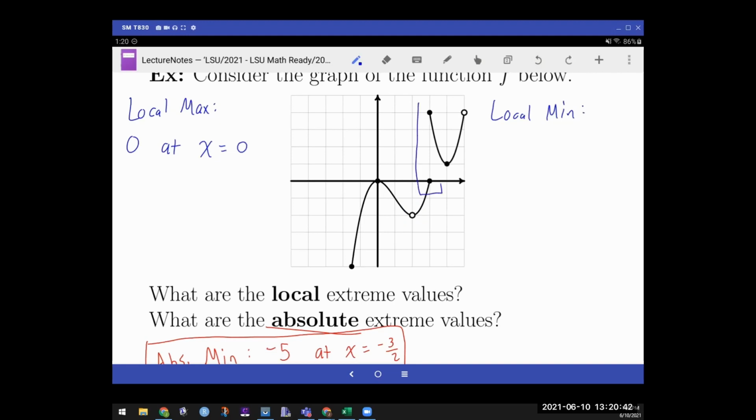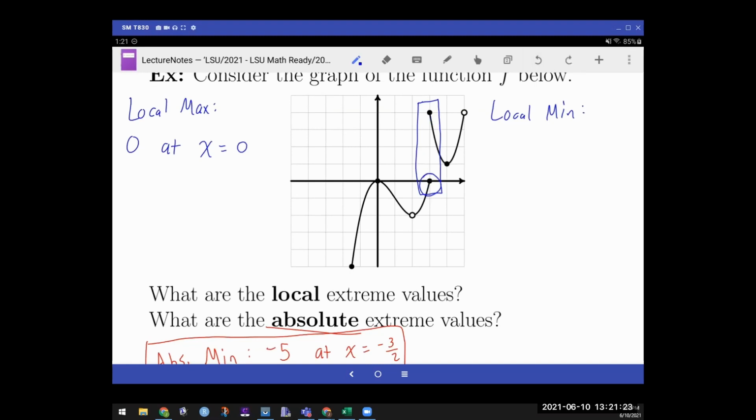This is an interesting one right here. I guess it depends on how you look at it, but does it meet the definition of a local maximum? Well, this one right here certainly does not. It has points to the left of it and points to the right of it, but it's kind of disconnected, and the point to the right of it is up high.